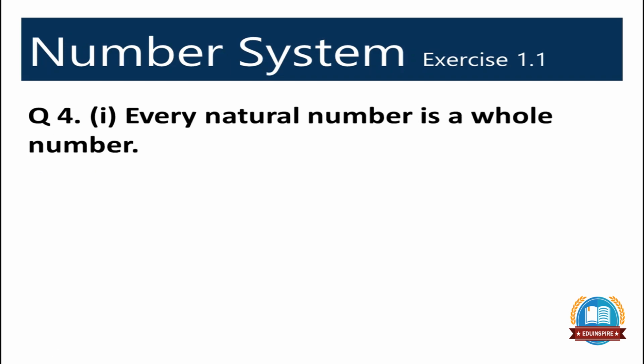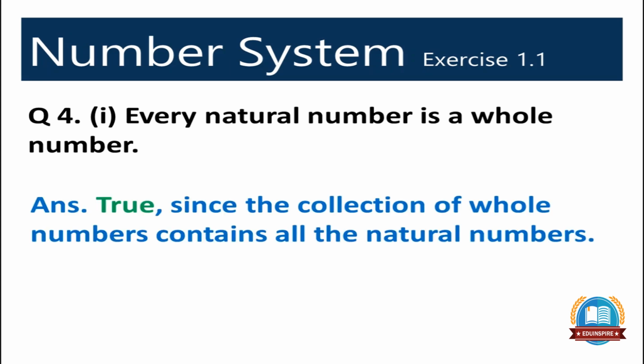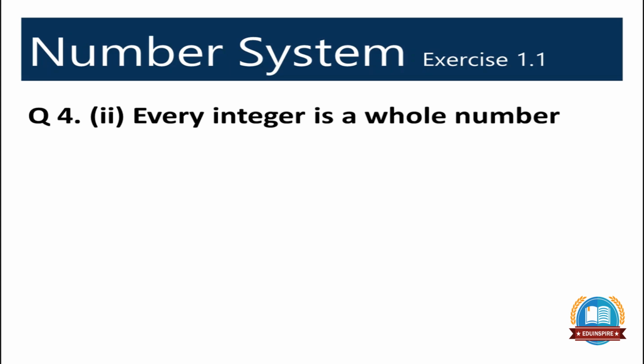Question number 4 is a true or false type question. The first part of this question is every natural number is a whole number. The answer is true, since the collection of whole numbers contains all the natural numbers. The second statement says every integer is a whole number.